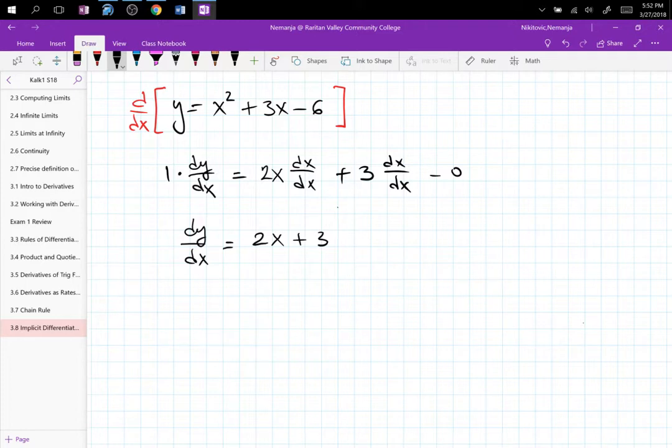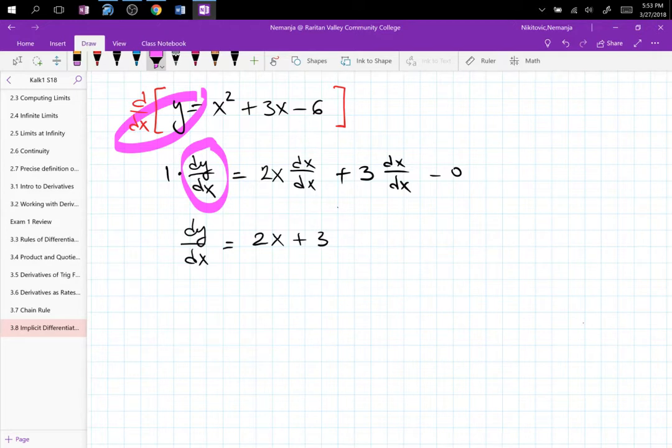This is your first step towards implicit differentiation. Understanding that when you are taking the derivative of variables that do not match, your chain rule will have two different variables that don't match.